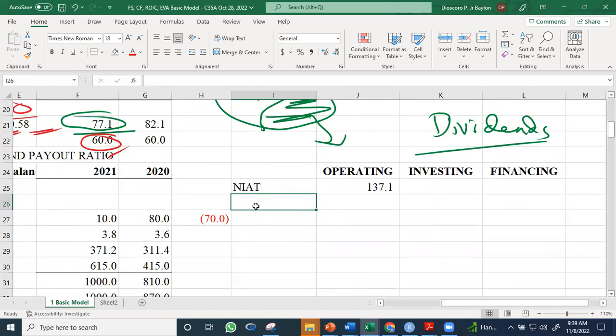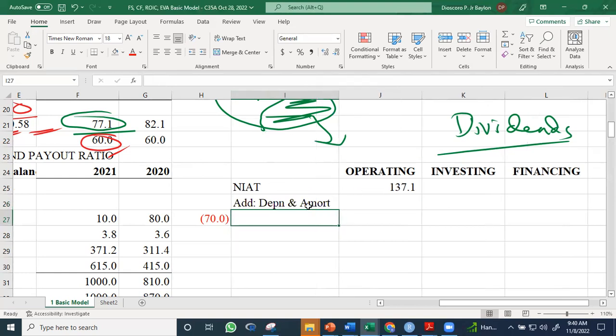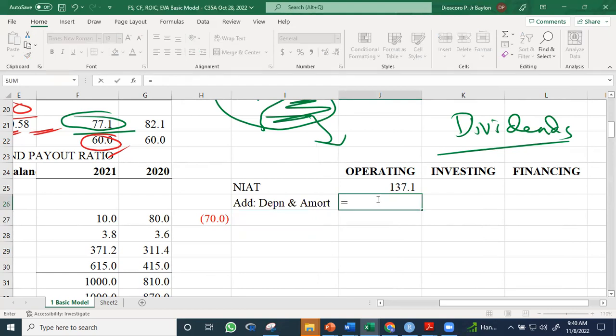So let's add back depreciation and amortization. Okay, so we have to add back depreciation and amortization to convert our net income after tax to cash flow.